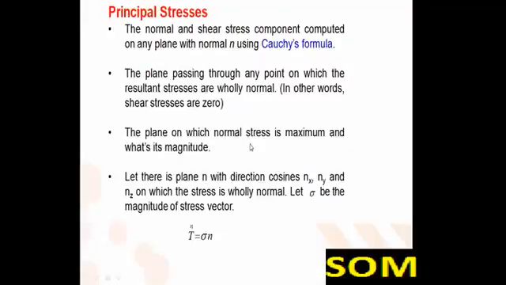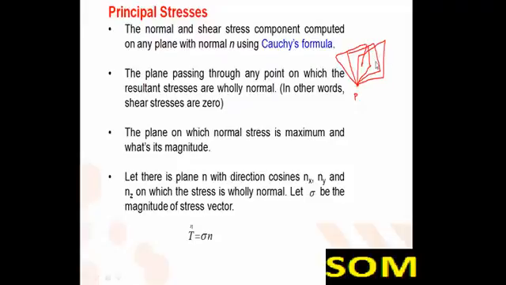Principal stresses. Basically, if we consider a point P, one plane is passing like this, a second plane is passing like this, a third plane is passing like this through this point.